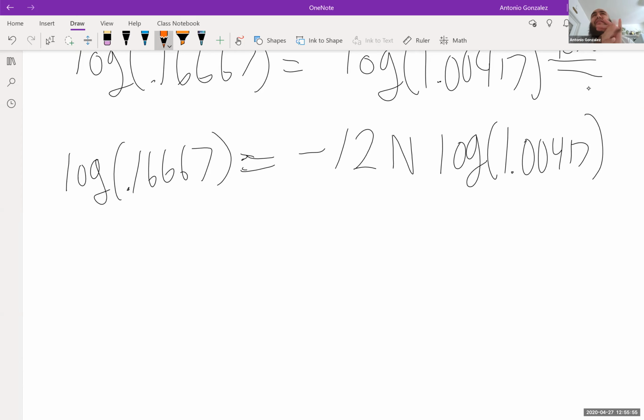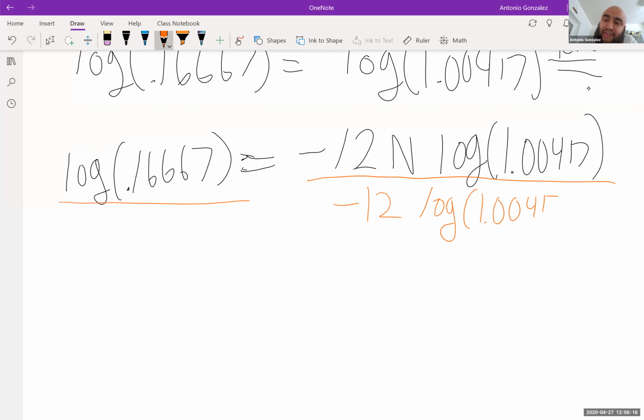Remember, the way you want to think of the logarithm, it's just a number, right? It's like a function, it performs some operation, but really you can treat it as if it were just any other real number. All right, so at this step, I can divide both sides by -12 and log of 1.00417.